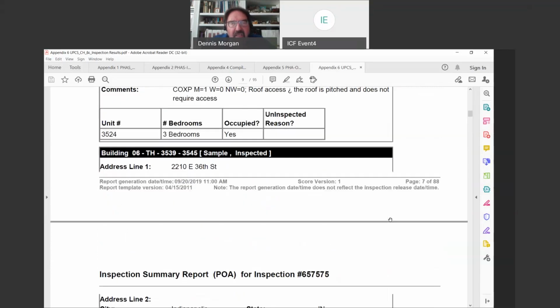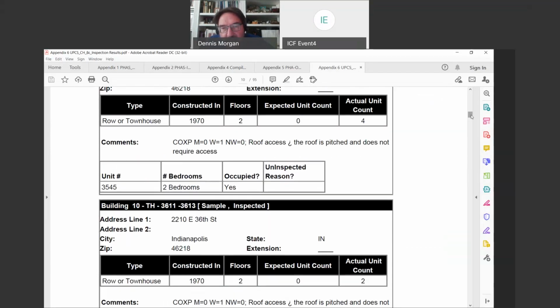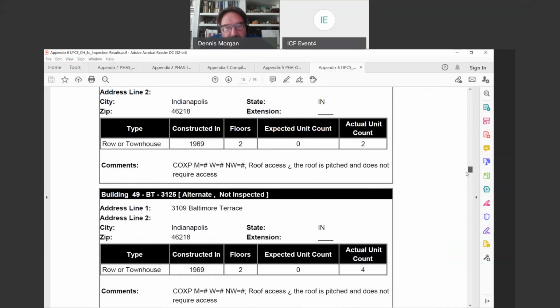Now, the Lex is giving you detail in terms of what units were inspected, but I want to go over to the detail in terms of the point reduction as well.